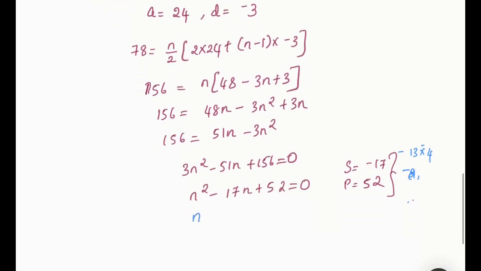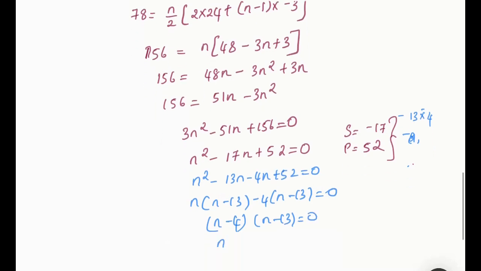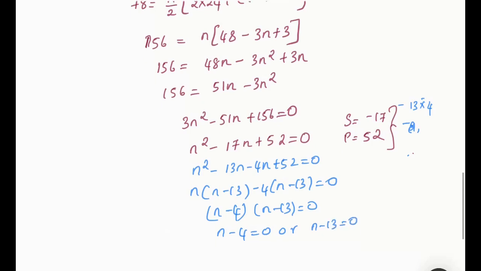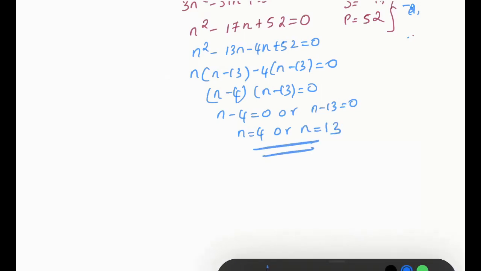So let me substitute here: n square minus 13n minus 4n plus 52 equals 0. n is common, n minus 13, minus 4 is common, n minus 13 equals 0. So (n minus 4) into (n minus 13) equals 0. n minus 4 equals 0 or n minus 13 equals 0. So clearly you get either n is equal to 4 or n is equal to 13.